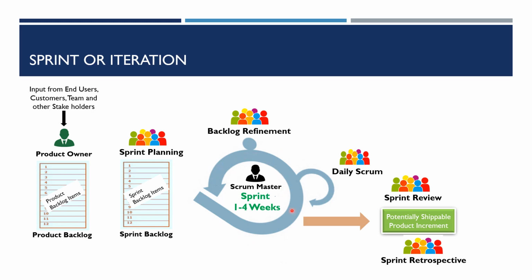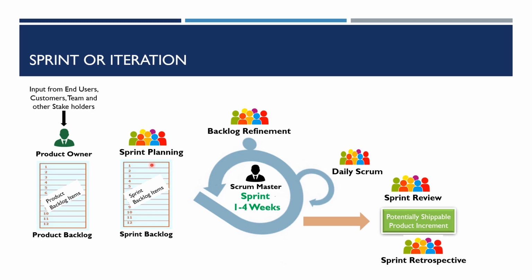In those 2 weeks, the first thing that happens in the first half of the first day is sprint planning. This is done by the team. Everyone in the team participates in this planning meeting, including the Scrum Master and product owner. All they do in this meeting is the product owner picks the stories from the backlog as per the business priority, puts it across the team, and the team goes through those user stories or requirements, picks those one by one, and asks questions if there is any.